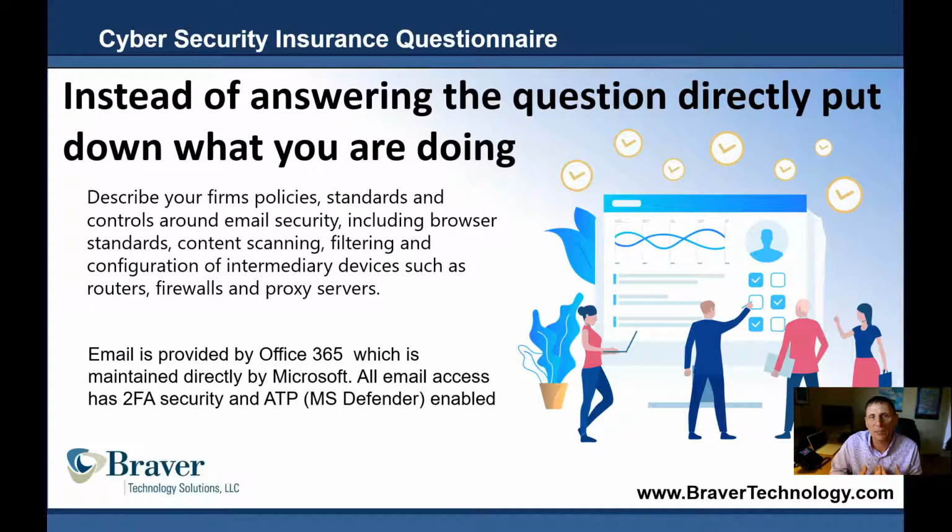Okay, email is provided by Office 365, which is maintained by Microsoft. All email access has two-factor authentication and advanced threat protection / Microsoft Defender enabled. We're going to answer the question with what is truthfully happening at the company, not necessarily trying to dig into the question, which could be down a rabbit hole or may not be relevant. We want to give them something that is actually accurate for the company, that answers the question that we anticipate they really want to know. What are they really asking?